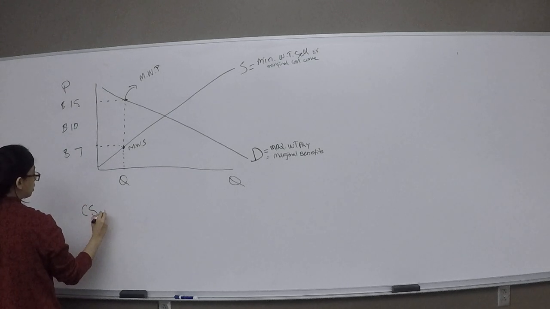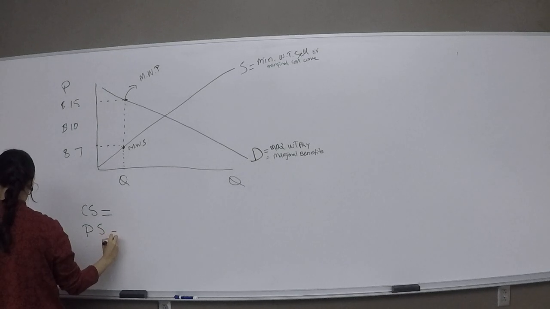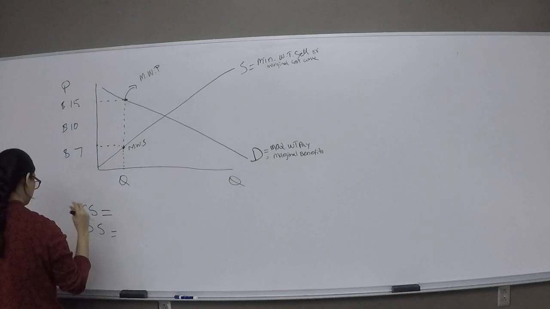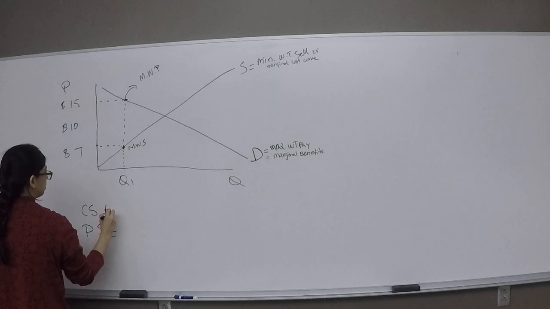So consumer surplus and producer surplus, what are these? For quantity Q1, that's maximum.